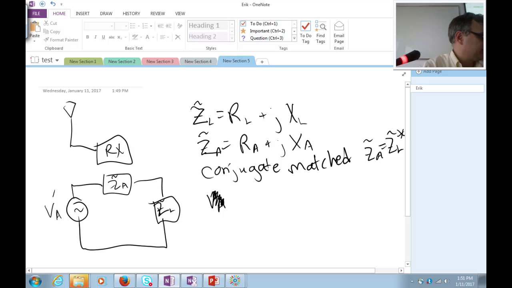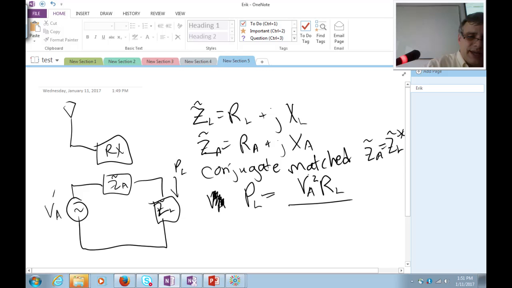And I get this wonderful P_L, my load power into the receiver, is equal to an equation that looks very similar to our previous equation, except now I've got V_A prime squared instead of my source V_S squared.